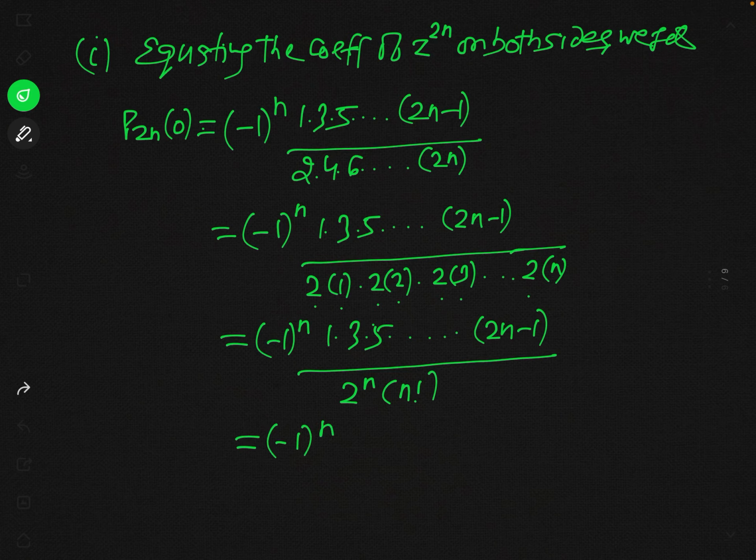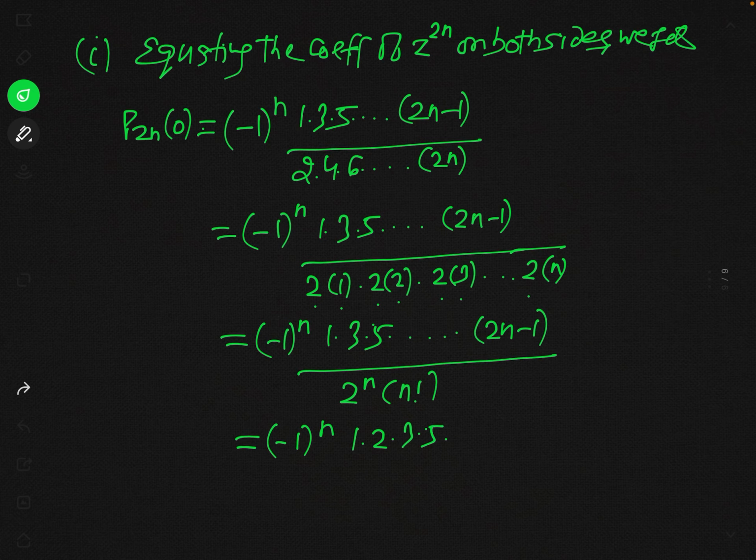Now we will also arrange the terms in the numerator, the different numbers. This can be written as minus 1 to the power n. Now make a simple algebra. In the numerator there is 1 into 3 into 5 into so on 2n minus 1, that is, only odd numbers are in the numerator.